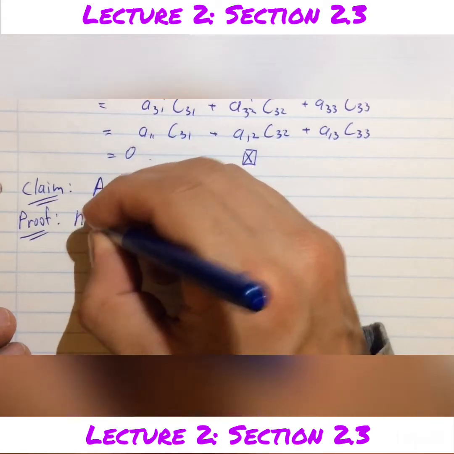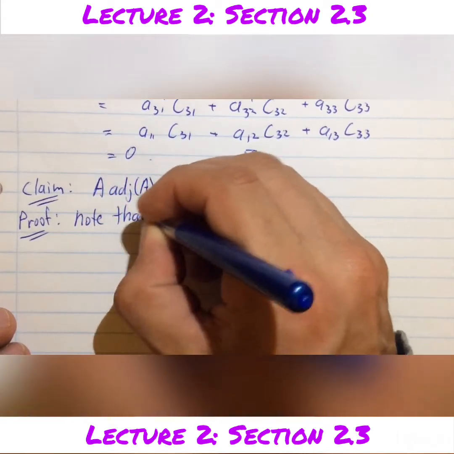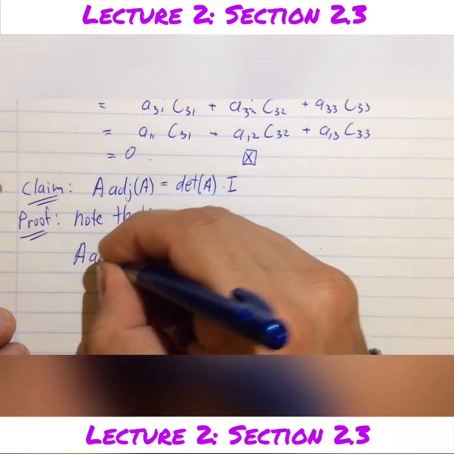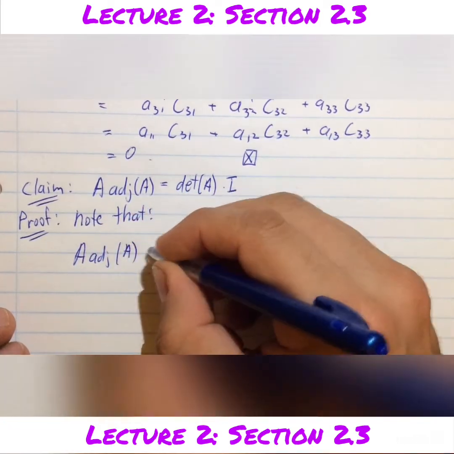So again, note that you could take A and multiply that with the adjoint of A. And what does that look like?